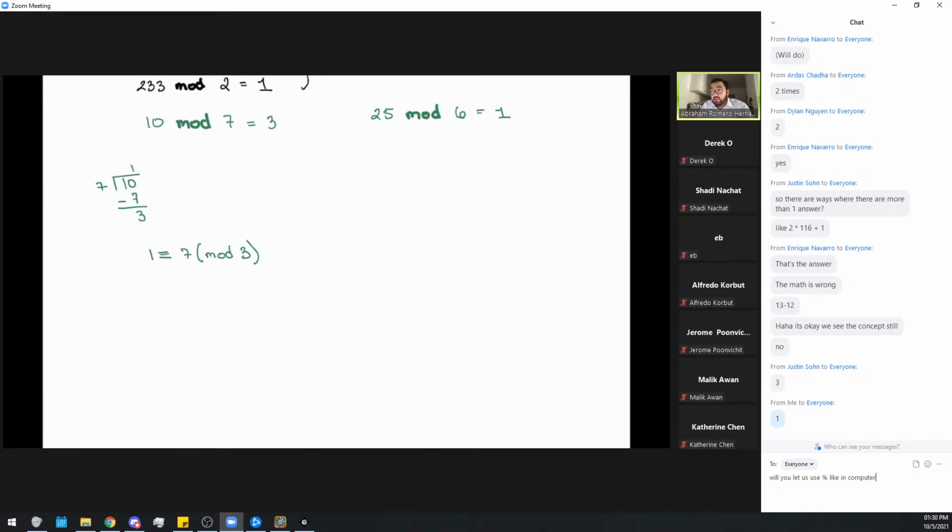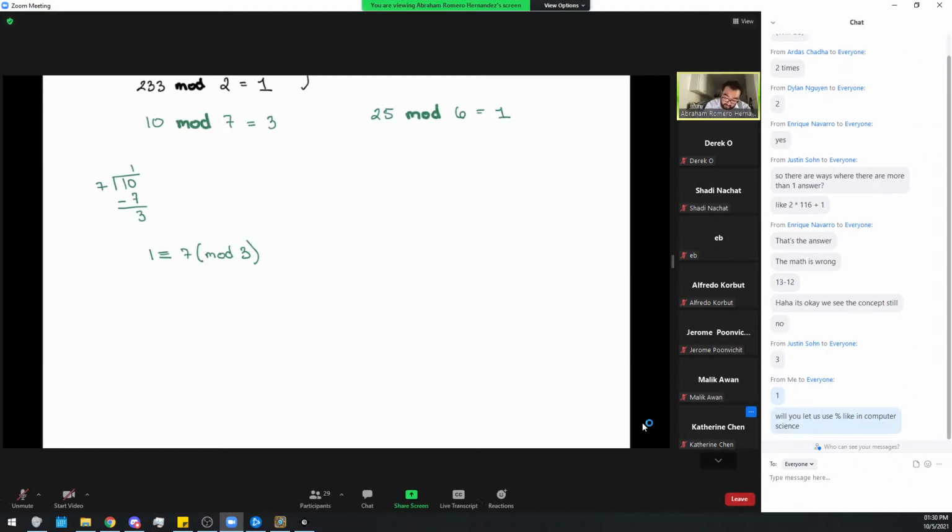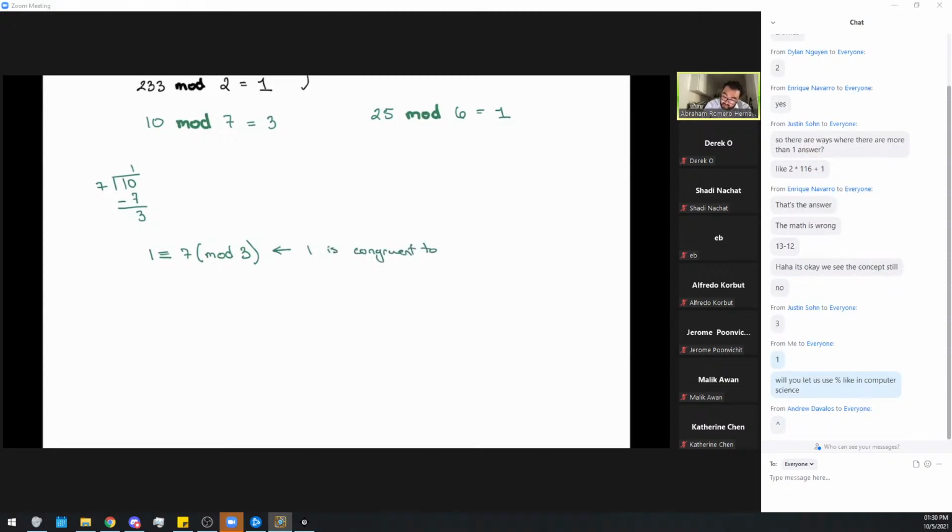So 1 is congruent to 7 modulo 3. So the way I'm saying this is 1 is congruent to 7 modulo 3.